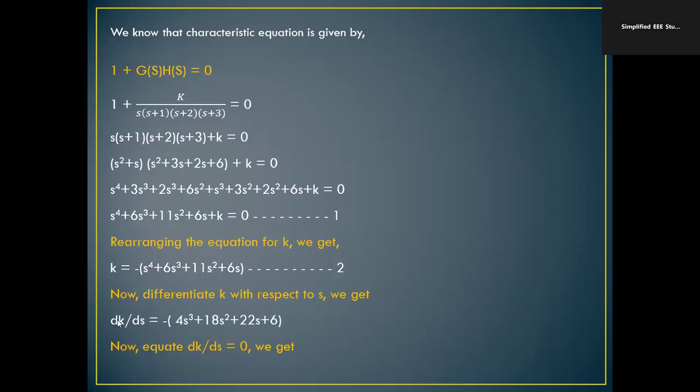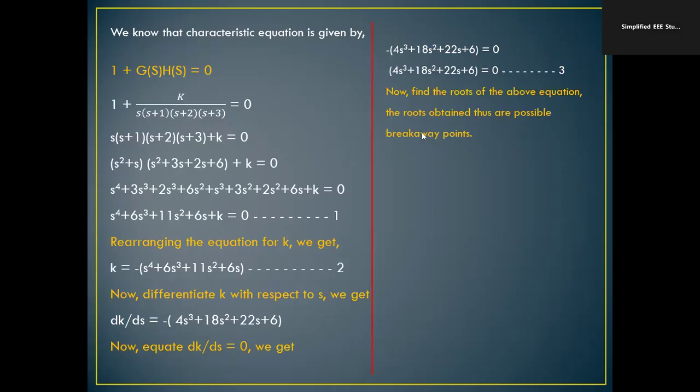How to get the value of s? dk by ds should be equal to 0. So we'll apply the maxima-minima theorem. Ultimately, s equal to -2.618, s equal to -0.381, s equal to -1.5.